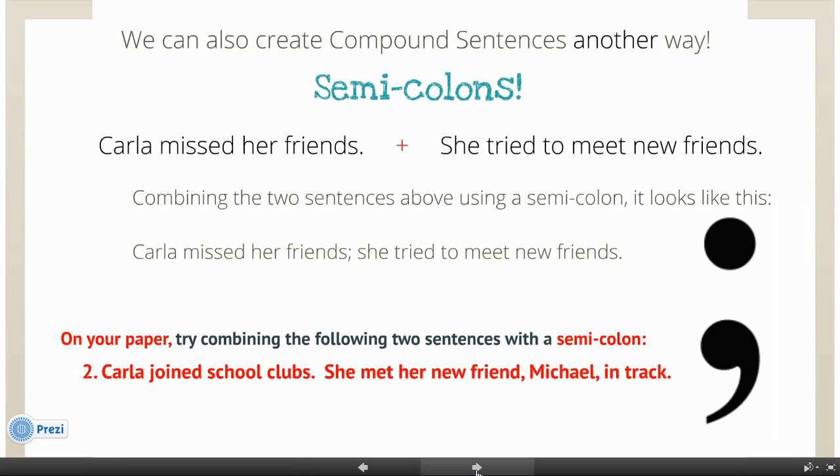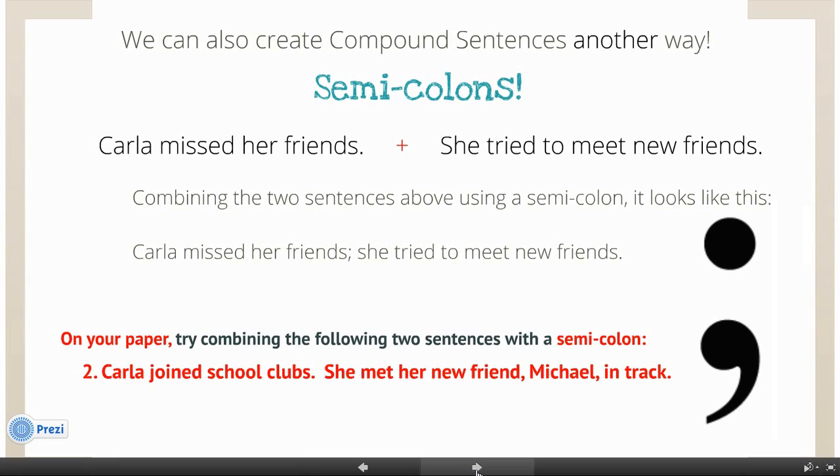She tried to meet new friends. As you can see here, they are two simple sentences that are separate from one another. With a semicolon, we can combine the two sentences. So it looks like the example underneath. Carla missed her friends; she tried to meet new friends.